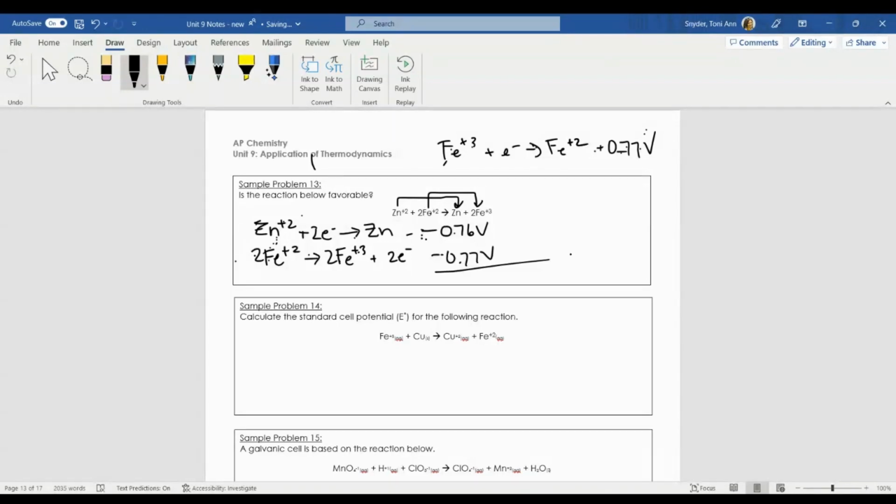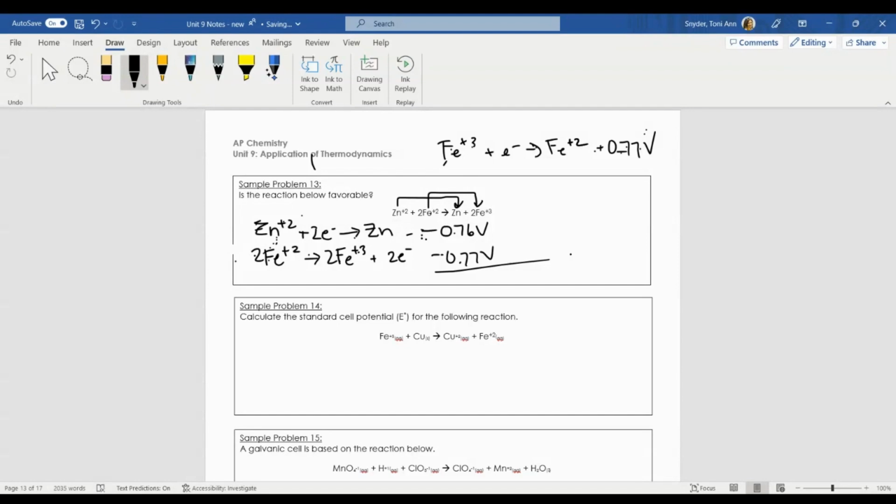However, we do not have to double anything. We don't have to do anything to that voltage, even though I have doubled all of the coefficients in this reaction to get the electrons to cancel. The voltage is going to stay the same.